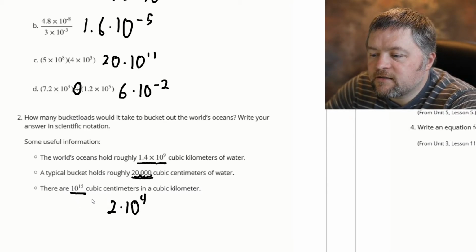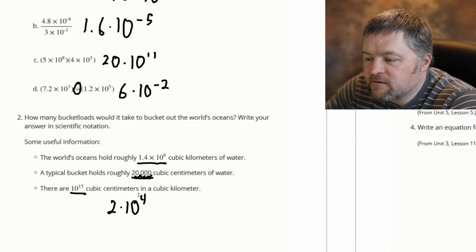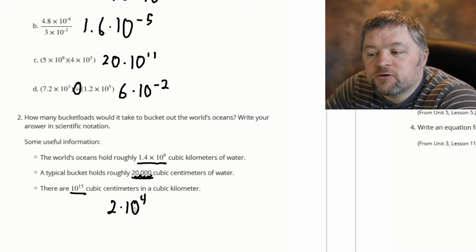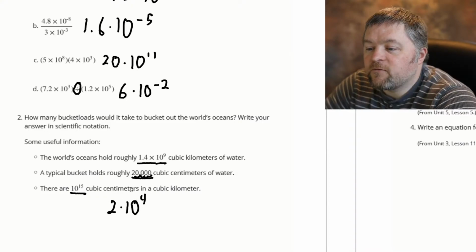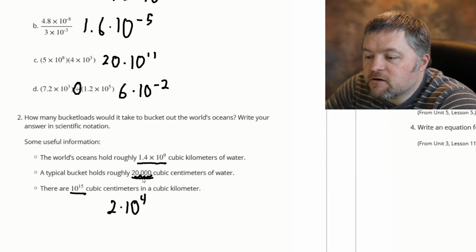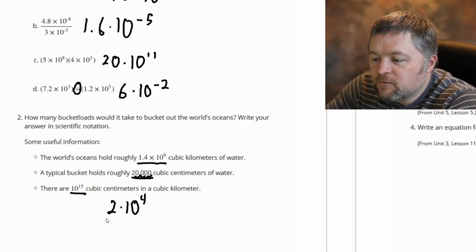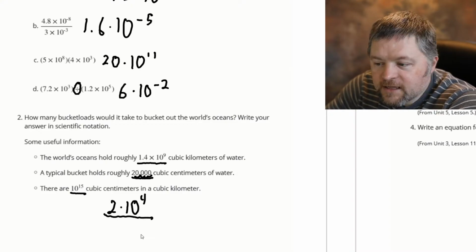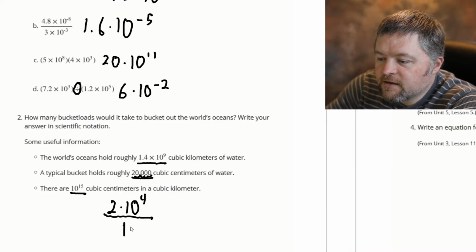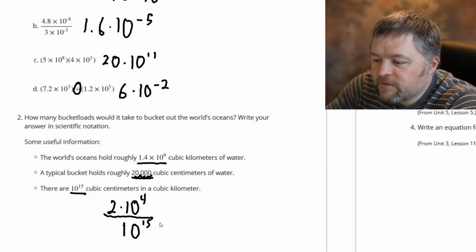There are 10 to the 15 cubic centimeters in a cubic kilometer. So if we want to find out how many cubic kilometers a bucket is, we will then have to divide this by 10 to the power of 15.